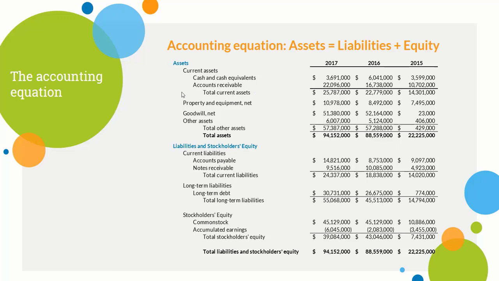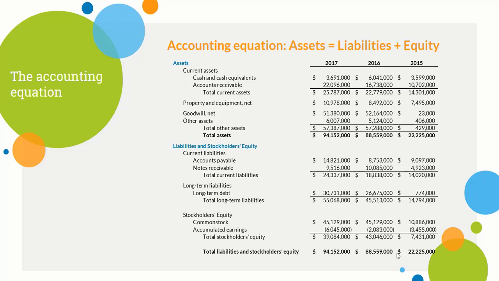So right here, we have all of their assets, and we'll go through each of these accounts in a little bit. And we have total assets of $94 million in 2017. Well, down below, we have their liabilities, which consists of accounts payable and debt and things like that. And then we have their stockholders' equity for a total of $94.1 million in liabilities and stockholders' equity.